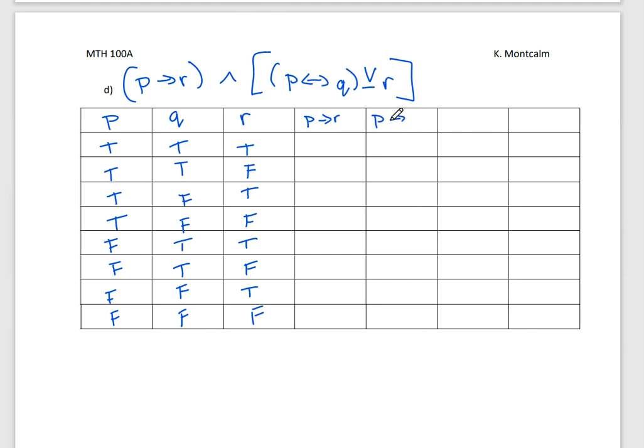So I have to start with that biconditional, and then I can do my biconditional Q with my exclusively or R, and then I can put everything together here. So I can do my P implies R and P biconditional with Q exclusively or R. Or again, I can phrase this as "all".